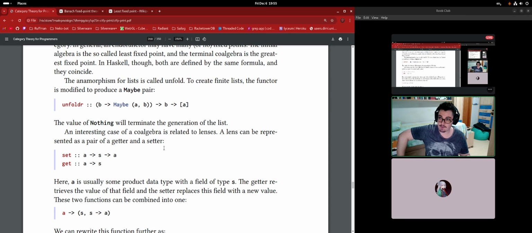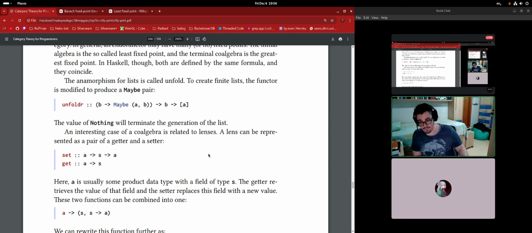As far as I can tell, the use case for lenses is because you have nesting on your data type. Let's suppose that you have a record, and then you create another one, and then another one, and then the final one uses all the ones above, and they are actually one inside the other, inside the other, inside the other.